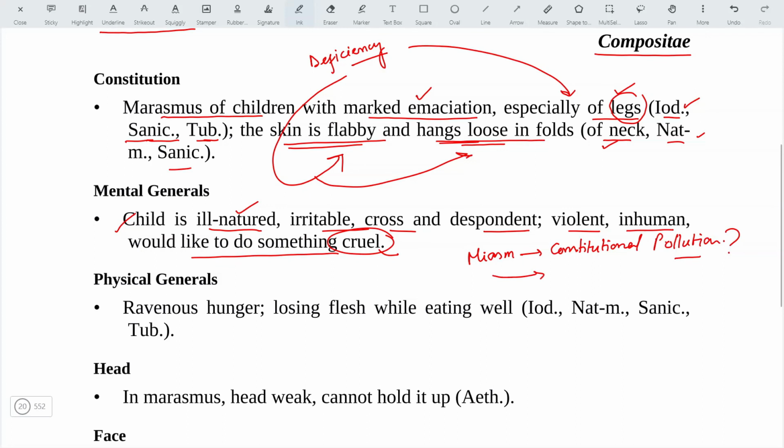That means they will carry from generation to generation. That means even though I do not do any bad works, and I maintain some hygiene and all that, I still have diseases. I might have some manifestations of symptoms which I basically acquired from the previous generation. Now, that is the constitutional pollution.